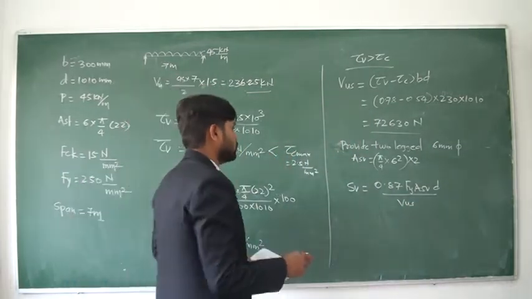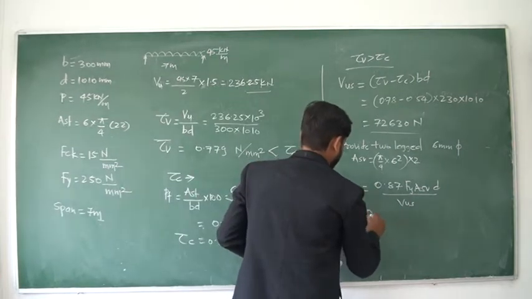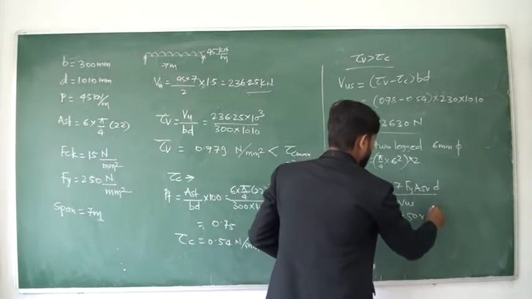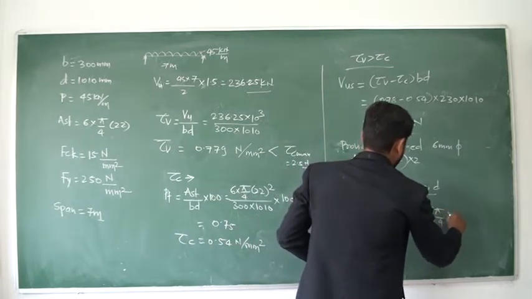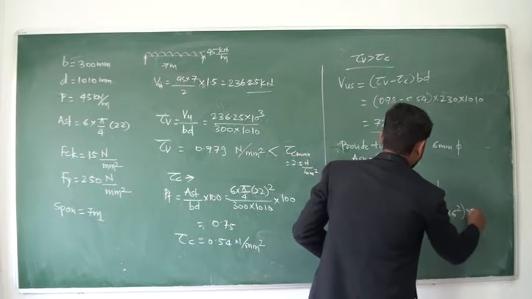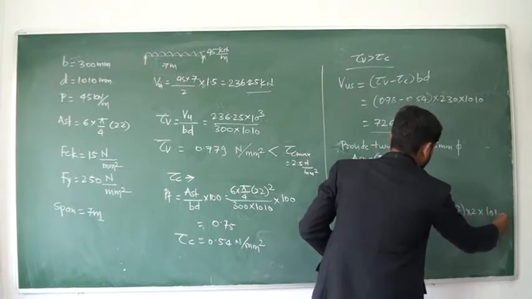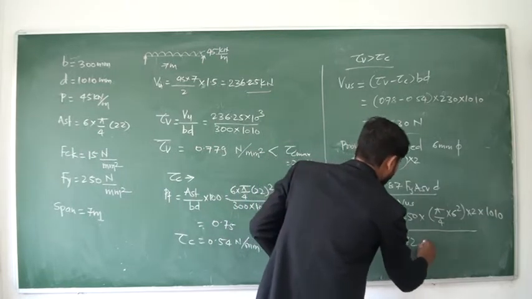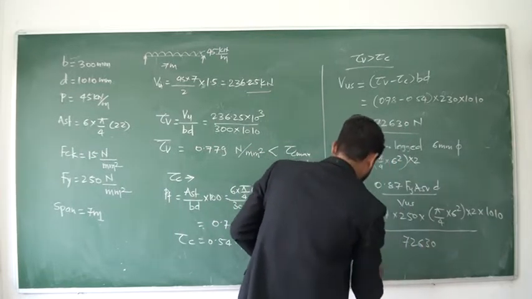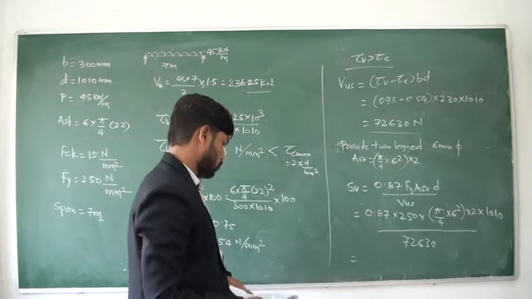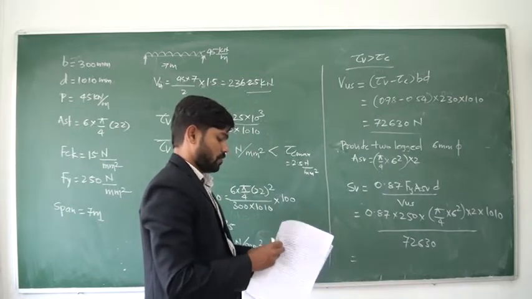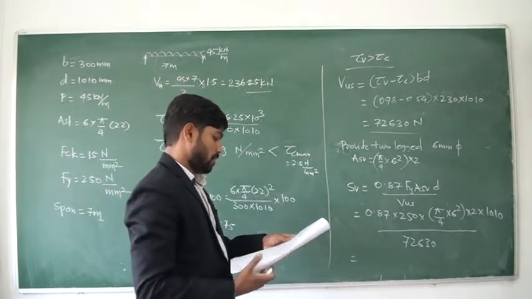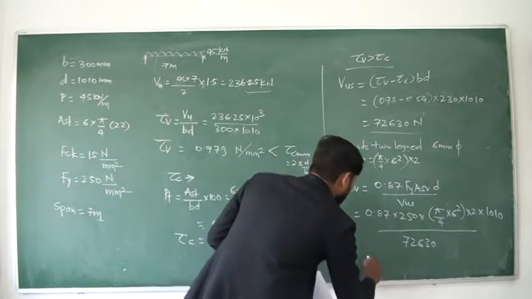Now substitute all the values. 0.87 fy is 250, Asv is pi by 4 into 6 square into 2, d is 1010, divided by 72630. If you calculate this, you will get the value of Sv as 171.039.